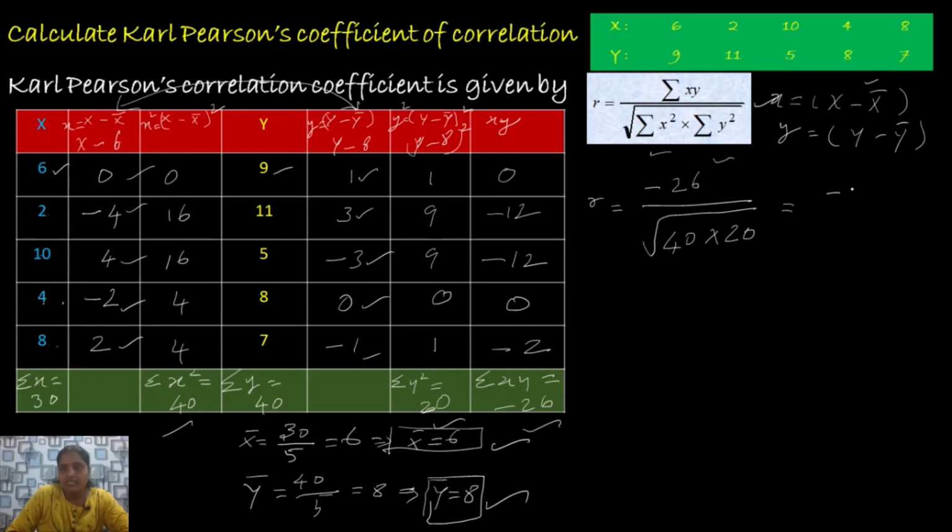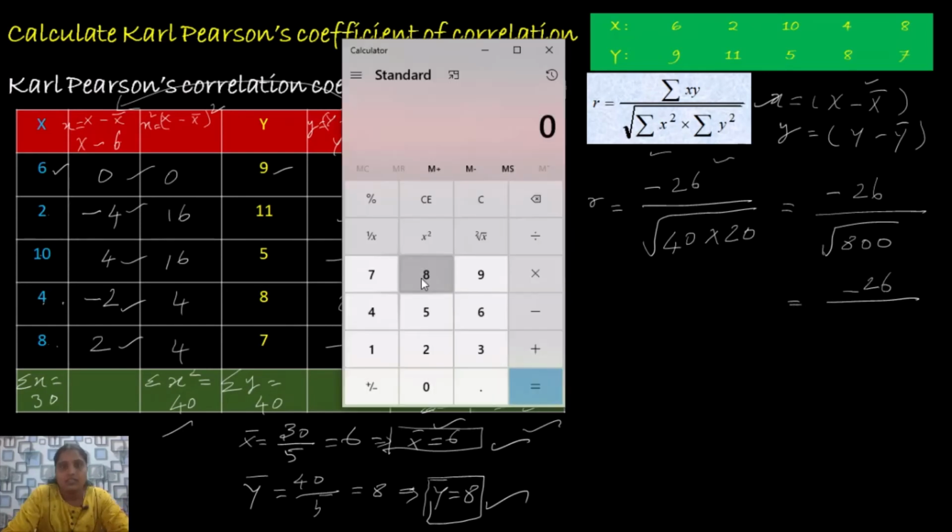That is minus 26 over the square root of 40 multiplied by 20, we get 800. By taking the square root of 800 first, we get the square root of 800 as 28.28427. We have to take up to 4 decimal places.